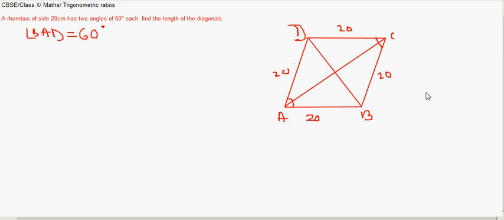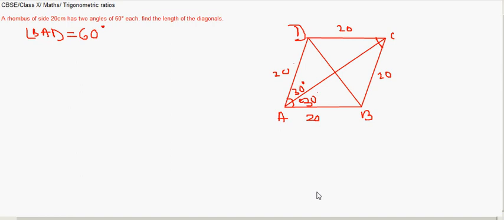Aren't the diagonals of the rhombus perpendicular bisectors? So in that case, AC and BD are bisecting these two angles which I have already marked. These were 60, so in that case, this becomes 30. This is the basic information, right?